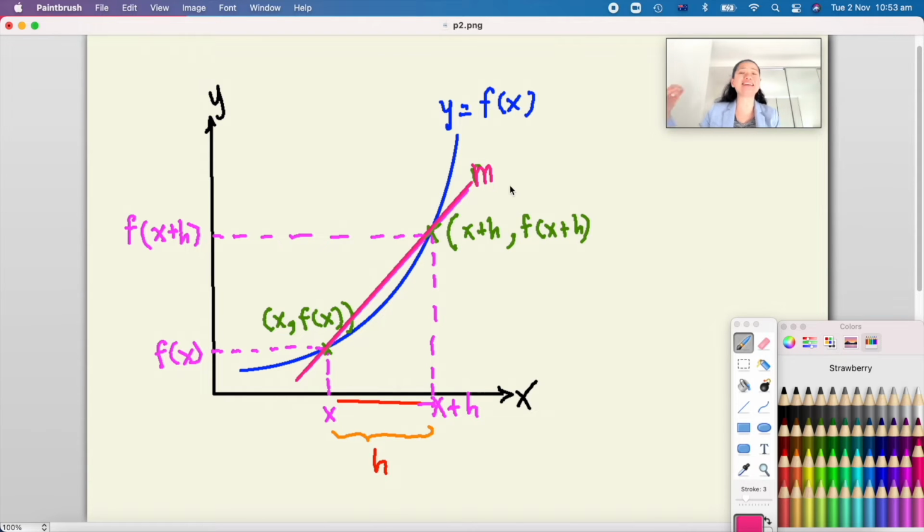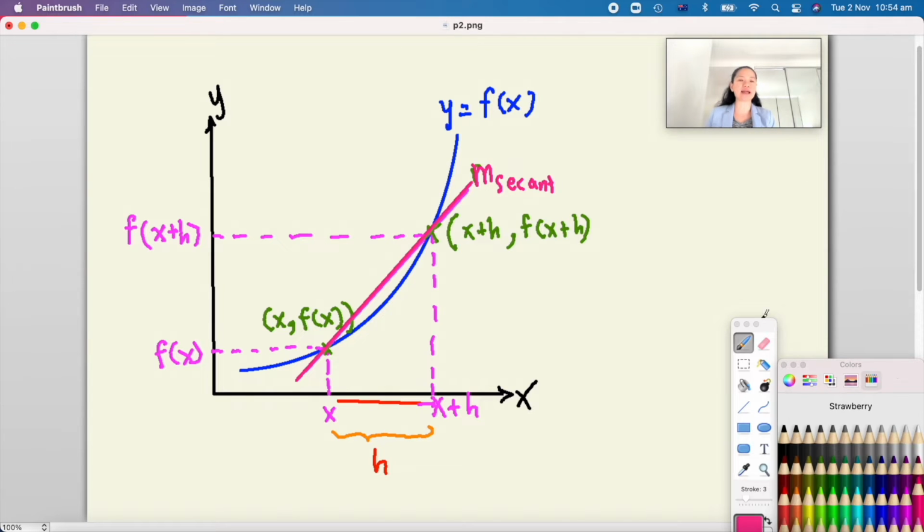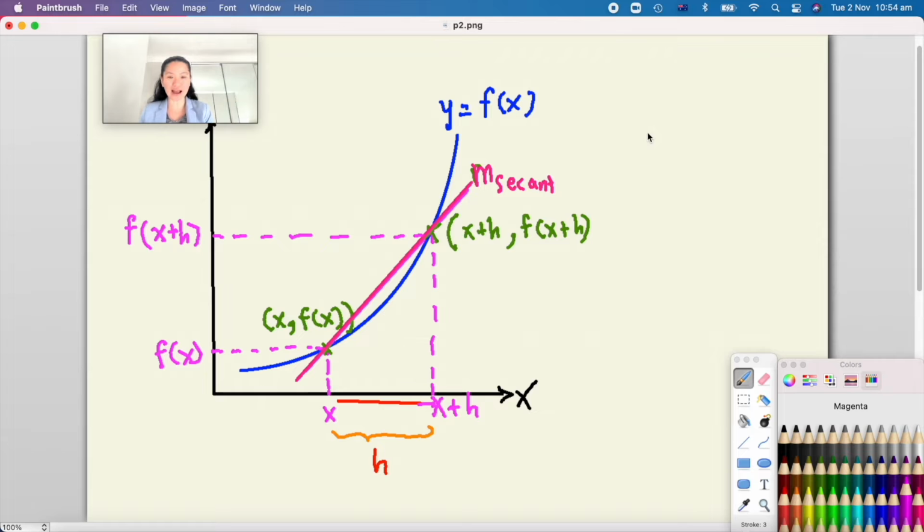Obviously this line is a secant, so this is m, the slope of the secant. The pink one, can you see the slope of the secant? Let me write it here. Do you remember I told you before, normally m equals y2 minus y1 divided by x2 minus x1.